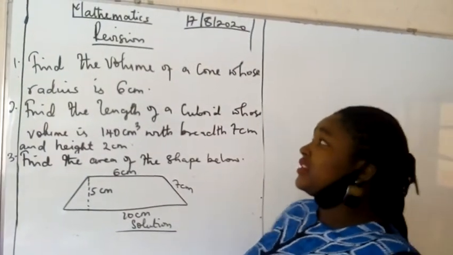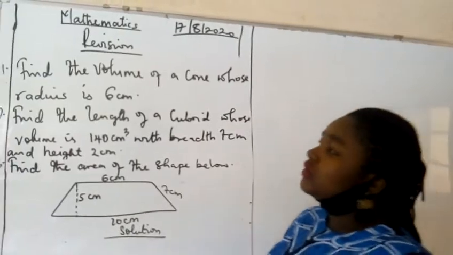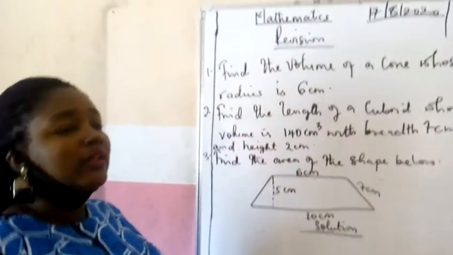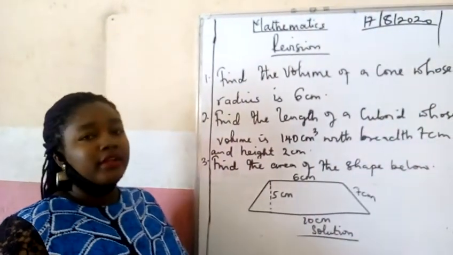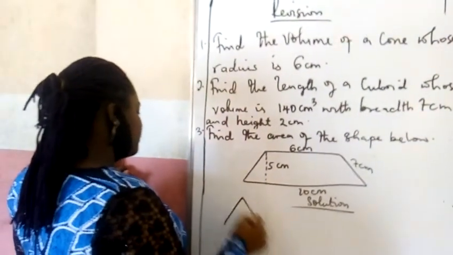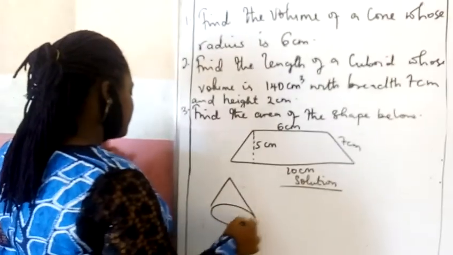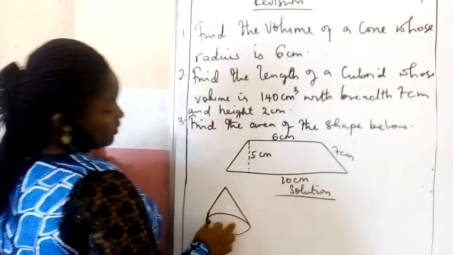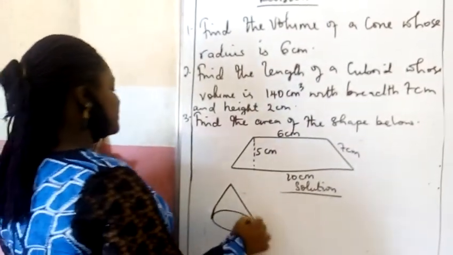The first question says, find the volume of a cone whose radius is 6 cm and height 7 cm. Remember that a cone is a three-dimensional shape whose basal face is that of a circle.